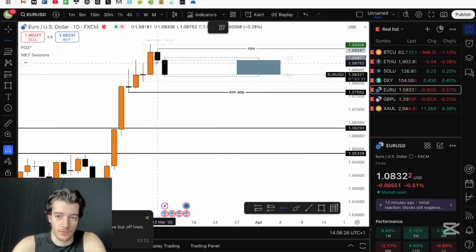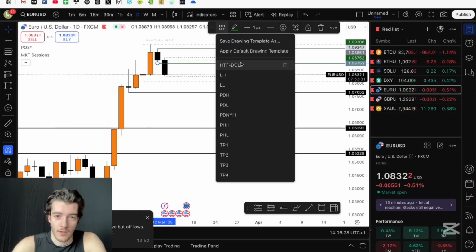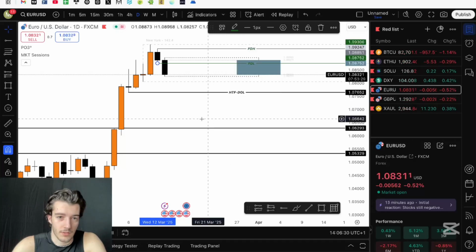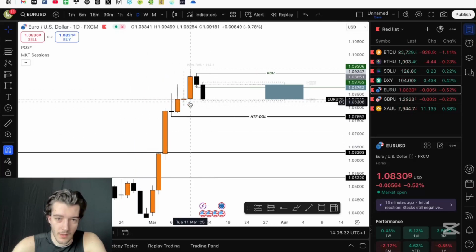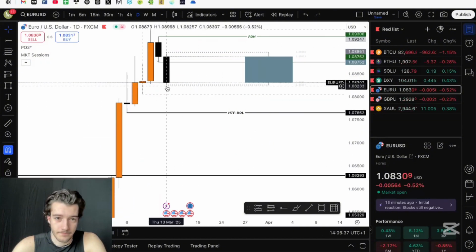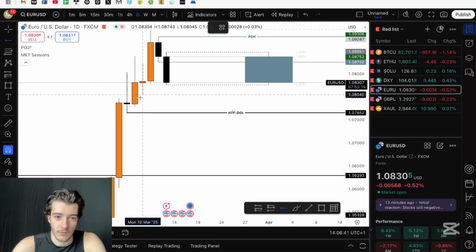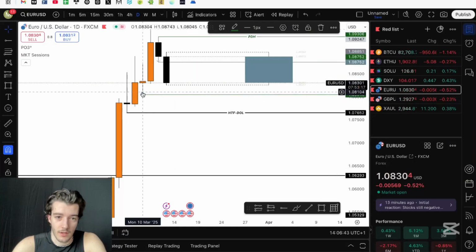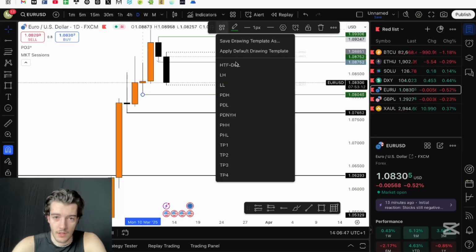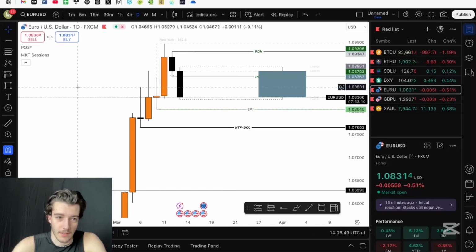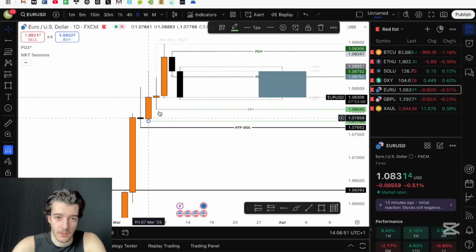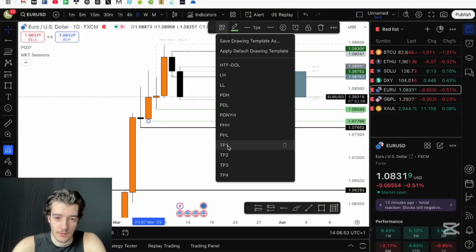As you can see on Euro, we already are way deep under previous day's low, and currently sweeping Tuesday's low. I believe we've actually already done it, and we're likely heading towards this low here. Monday's low could be a target, and then maybe this low here could be the second target.